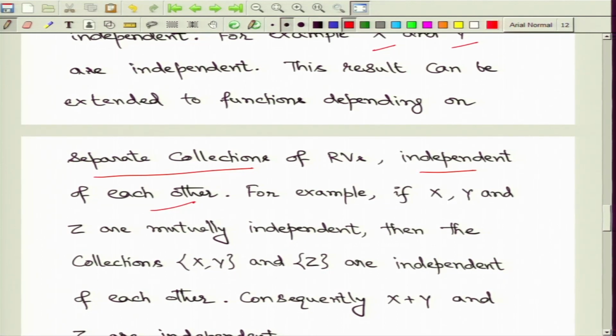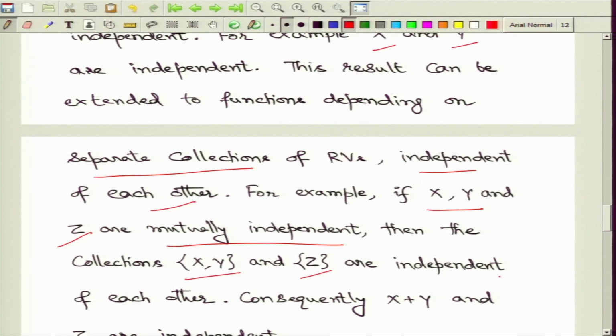For example, if you take three random variables, let us say x, y and z, and suppose they are mutually independent, what you can look at are two distinct collections of random variables: the pair x and y in one collection and the random variable z in another collection. Now, given the mutual independence, we will immediately have that these two collections are independent of each other.